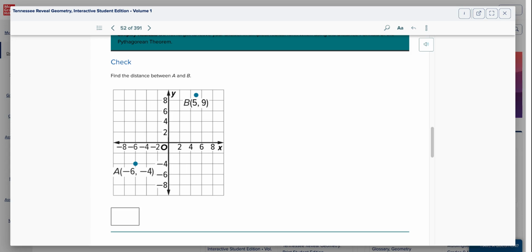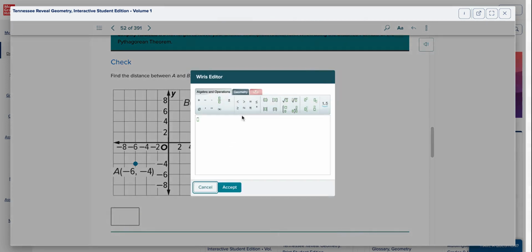All right, square root, open parentheses, 9 minus -4 squared plus, and then 5 minus -6 in parentheses squared. All right, and I got the square root of 290, which again does not break down.